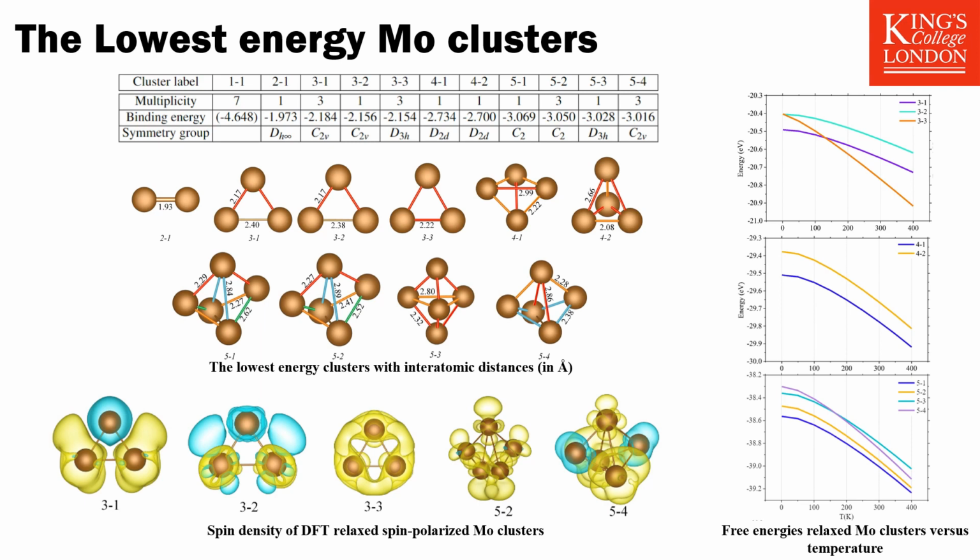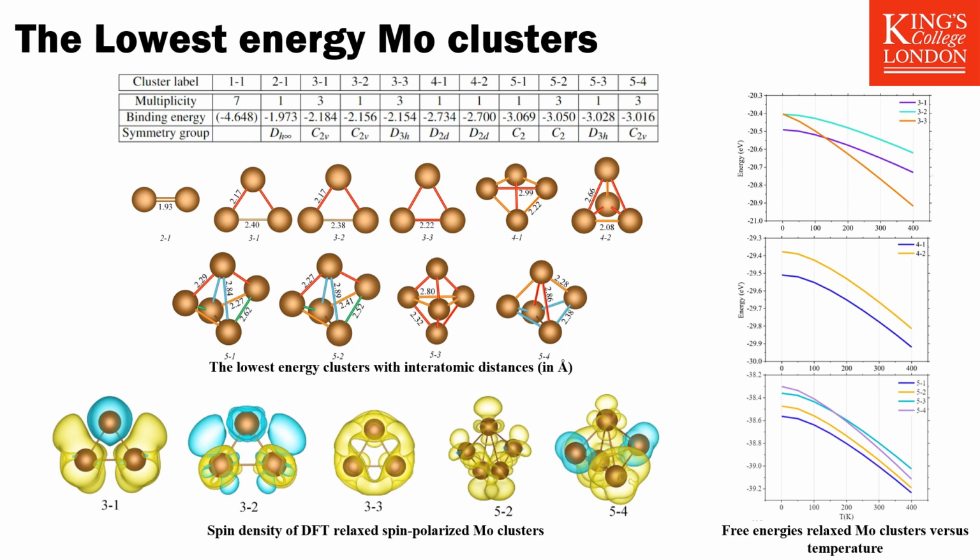You can see that there are 5 atom clusters we put here, and we used structure search software like CALYPSO.